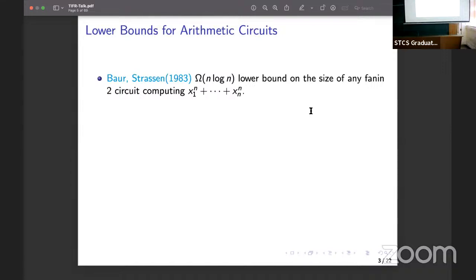This works over any field, and the individual degree of every variable here is n: x1 to the n, x2 to the n, xn to the n. And there's also a nice circuit computing this polynomial. This computes x1 to the n.